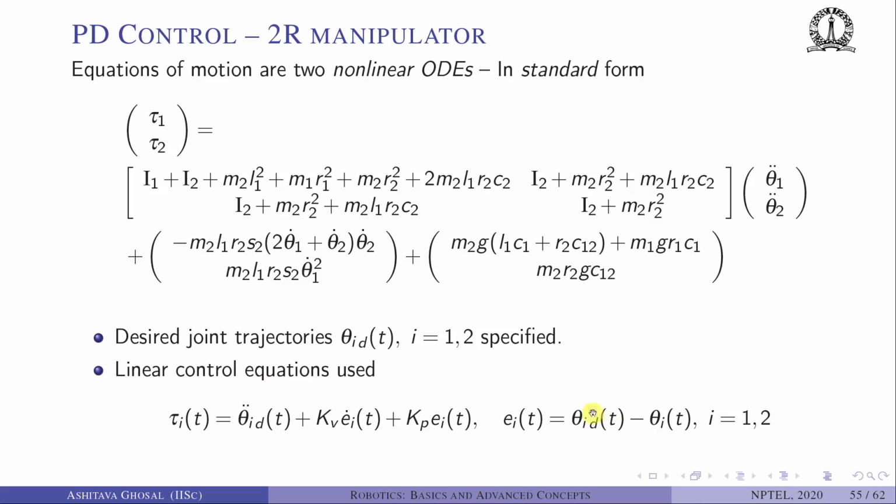So theta d is known, theta d dot is known, and then we can rearrange this equation in state space form. The output of the integration will be theta, which we can subtract, and then basically we can do everything, and we can find theta as a function of time, for the chosen kp, kv, and for the chosen I1, I2, m2, l1, all the parameters.